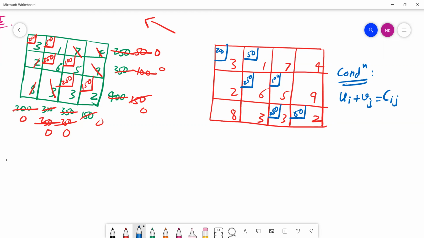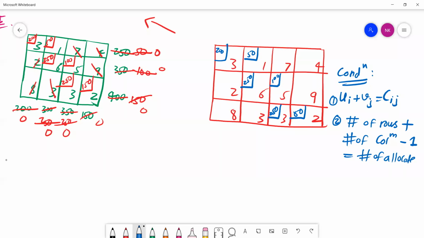The second condition is number of rows plus number of columns minus 1 is equal to number of allocated cells. Number of rows plus number of columns minus 1 equals the number of allocated cells. In many of the literature books, it will be given as m plus n minus 1 equal to c.